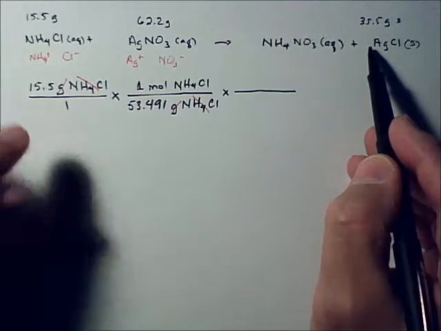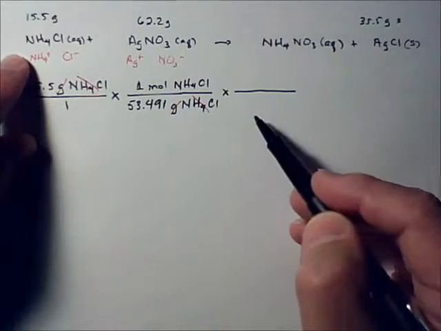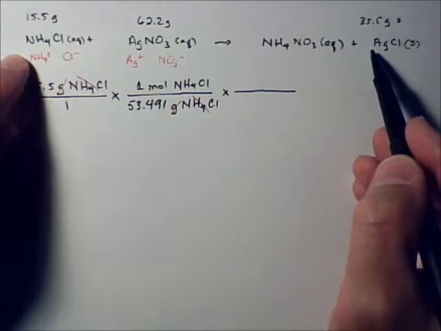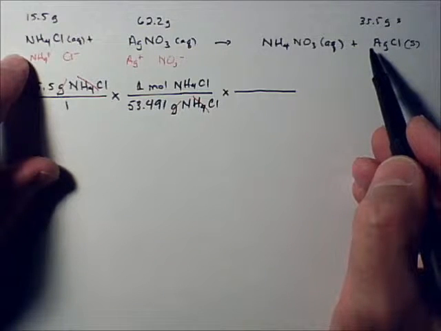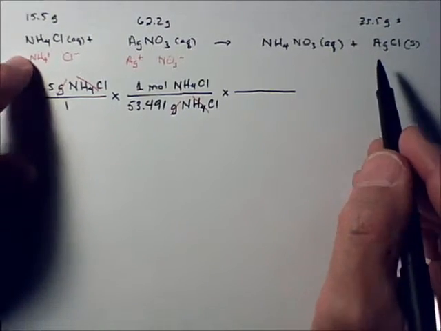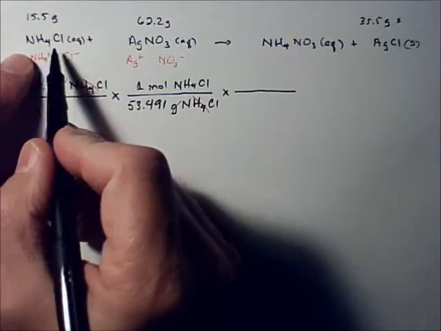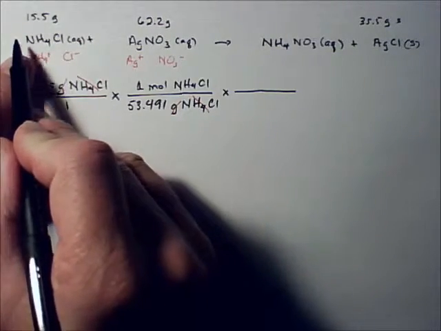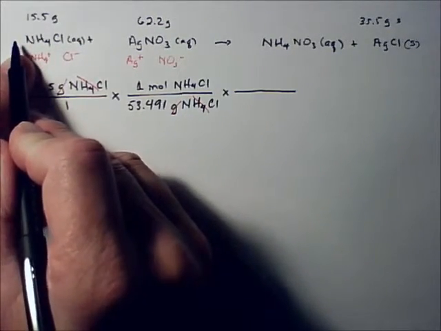Alright? And I use the coefficients in front to make a molar ratio. Now in this case, all the coefficients are implied ones. That might be 3s and 4s or something. You have to use what coefficients are there. Okay? You can't just plug in a 1 because you want to. You got to use the coefficients that are there. So I'm going to put the 1 mole of ammonium chloride implied by the fact that we have no number there, like x's.